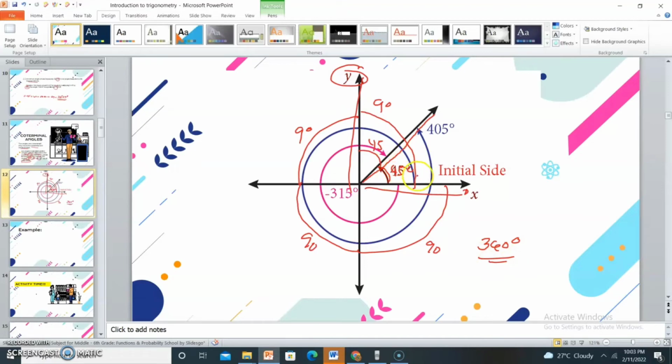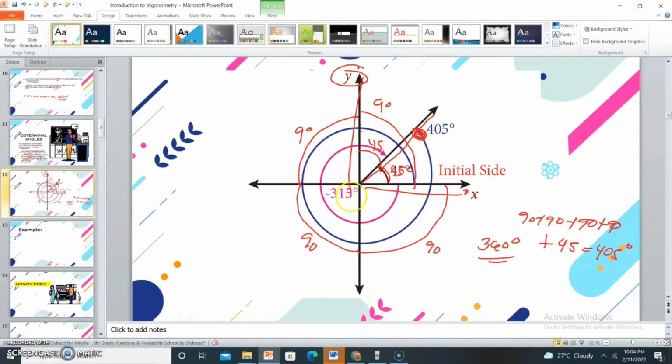So 45 degrees, 90 degrees, in this red, 90 plus 90 plus 90 plus 90, plus 45. It stops here: 45 plus 360 equals 405 degrees.